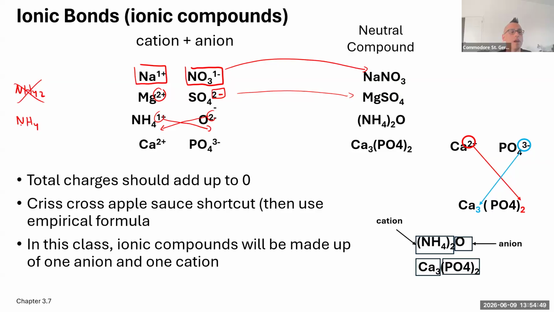That means there's 1 nitrogen, 4 hydrogens to make ammonium, but we have a total of 2 of them, right? So since we're using 2 of them and 1 oxygen, it's right here. This is the formula for a compound with ammonium and oxygen, right? And NH4 is a polyatomic ion, but we treat them the same way as any other ions. Again, we're trying to make neutral compounds.